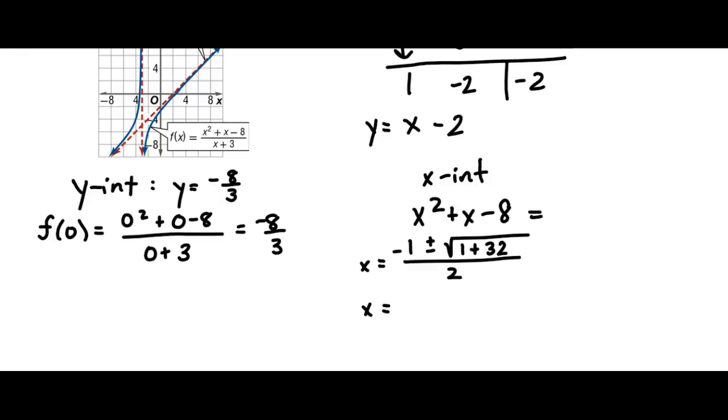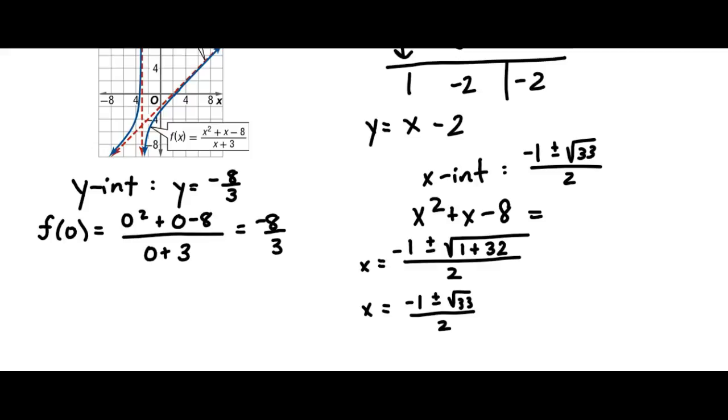So x equals -1 plus or minus the square root of 33 over 2, and those will be my two x-intercepts.